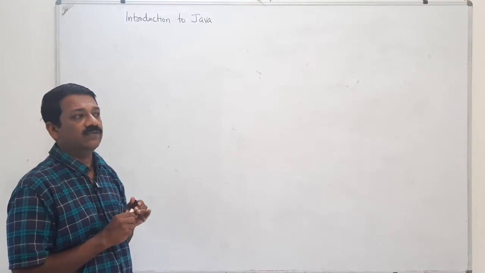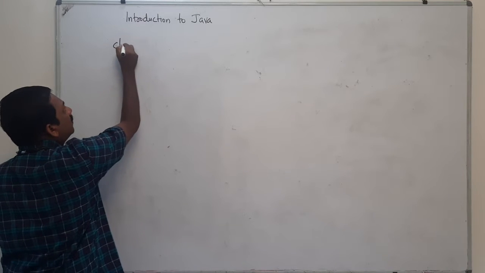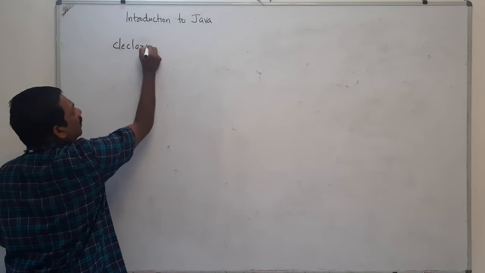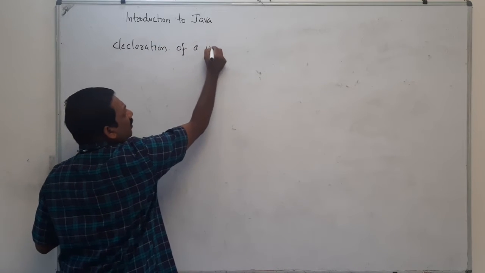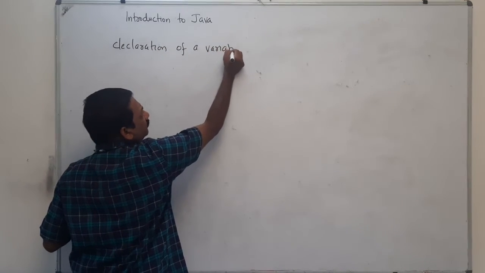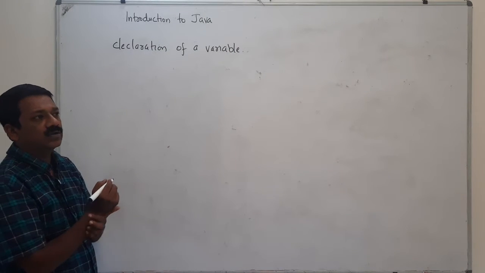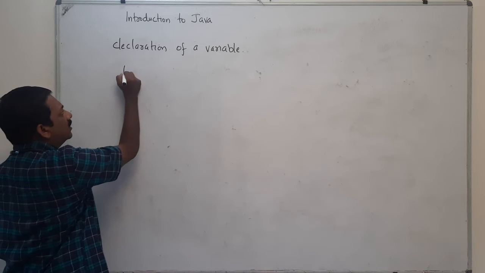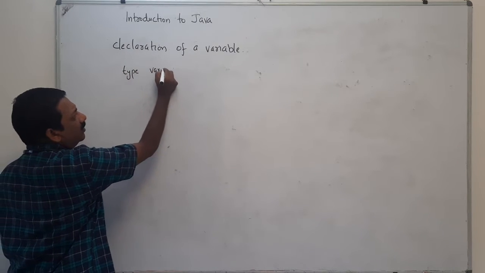For example, if I want to declare a variable, declaration of a variable, the syntax is type followed by variable name.